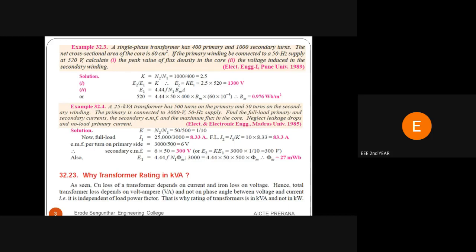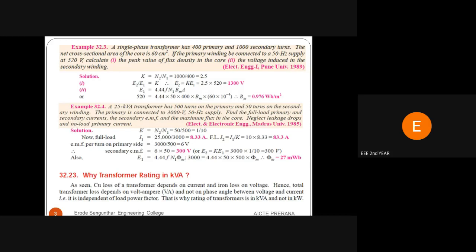Then the other data, that is the maximum flux density. We have to find out the maximum flux density. Already we know that phi m equal to Bm into A. So E1 equal to 4.44 frequency F N1 into Bm into A. The Bm into A is equivalent to phi m, the maximum flux.